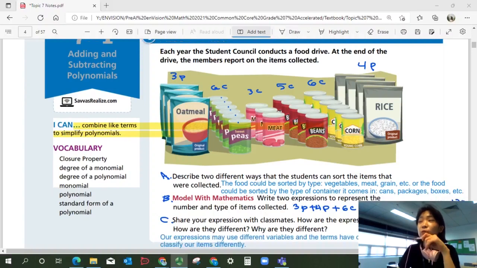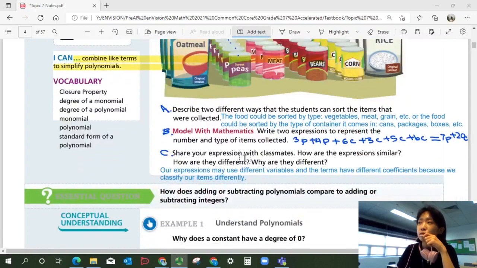So you can say our expressions may use different variables, and the terms could be different with different coefficients because we classify our items differently. So classification is very important in writing your expressions. So whenever you use variables in a real-world situation, what do you want to clarify? You want to clarify what your variables represent. Okay. So please make a note of what the variable represents.